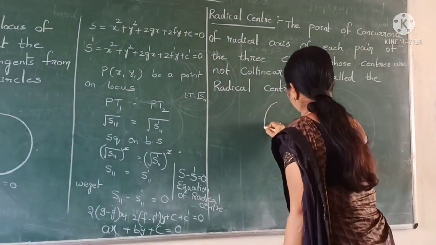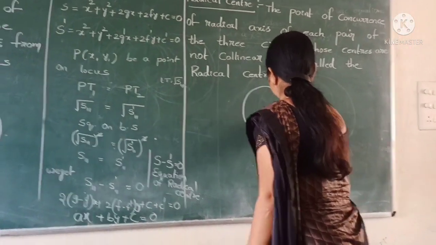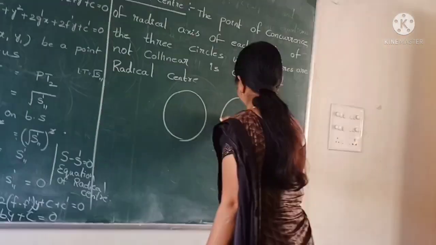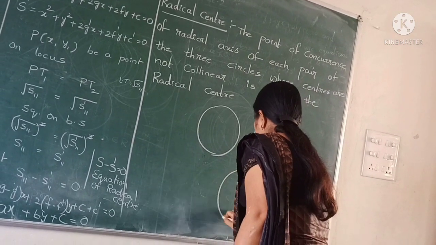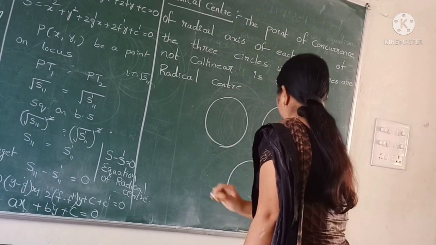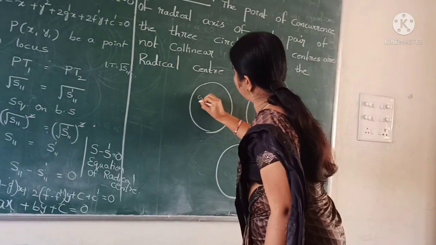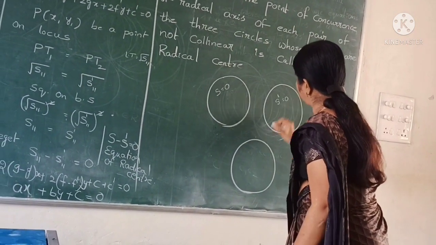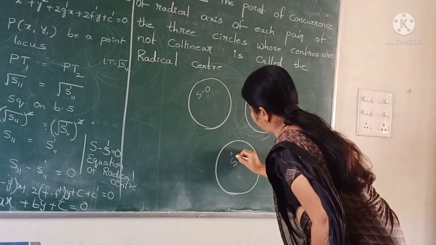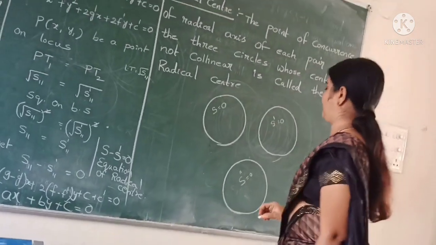So I have to draw three circles. I give names s is equal to 0, s dash is equal to 0, s double dash is equal to 0.